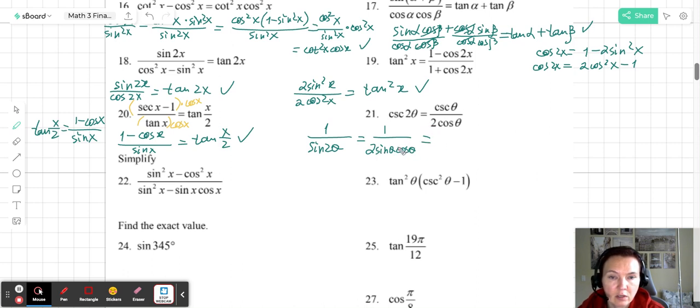I have 2 cosine theta, and then I can say it's 1 over sine theta divided by 2 cosine theta. It's the same thing, right? It's our simple fractions. And 1 over sine theta is cosecant theta, over 2 cosine theta.